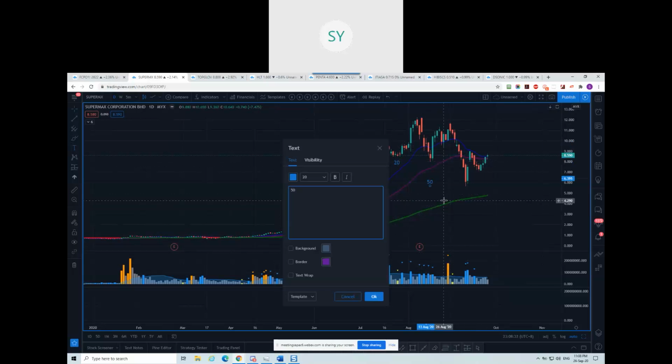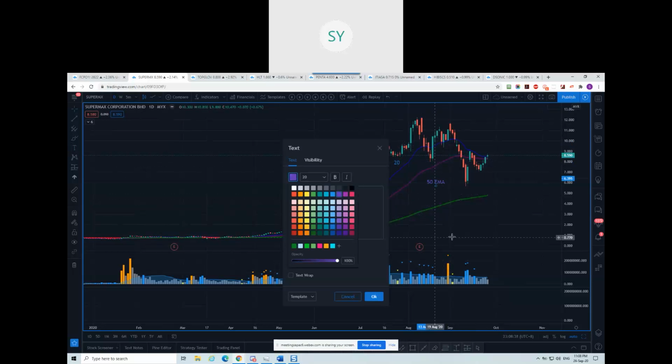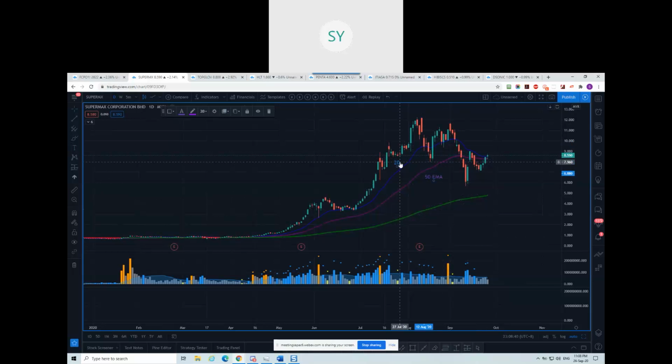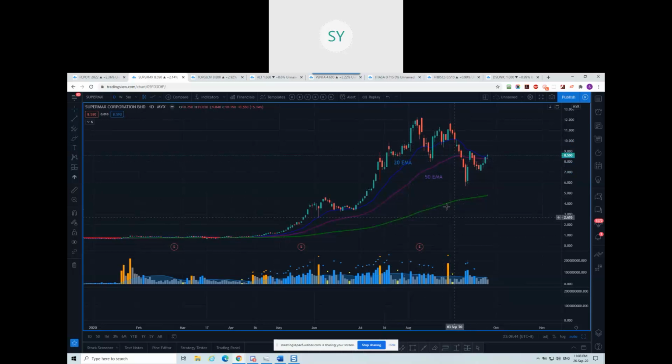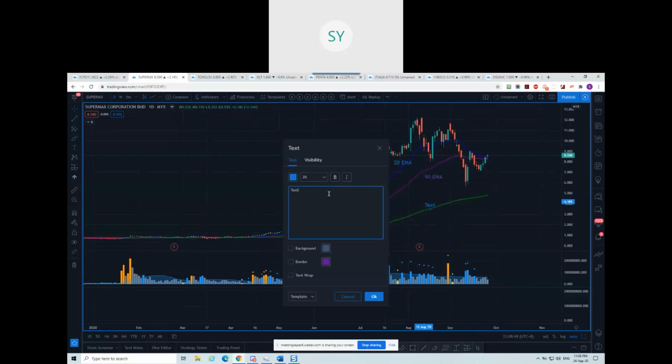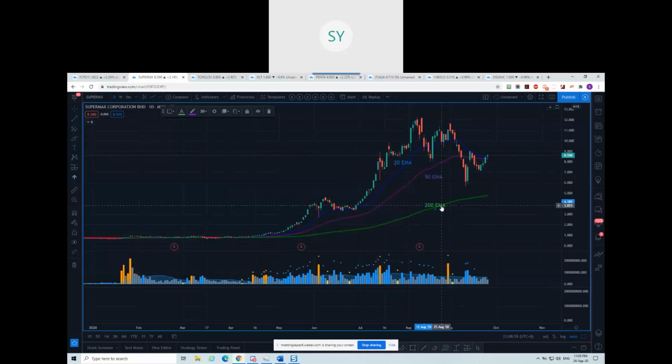It's the 50 EMA. And this is actually the 200 EMA. It's a green color. You can set up any color you like.